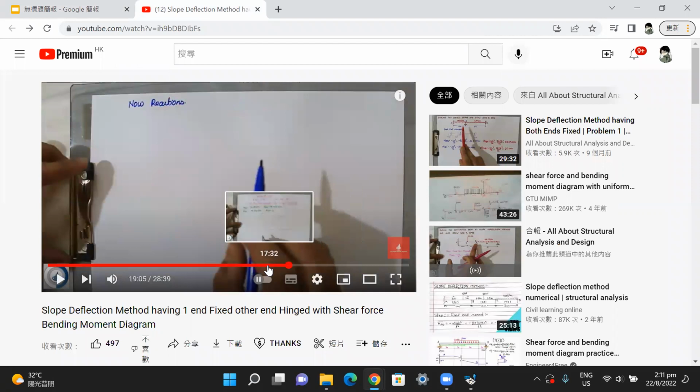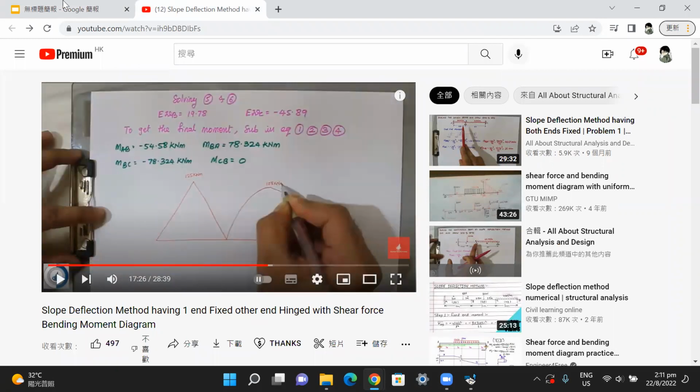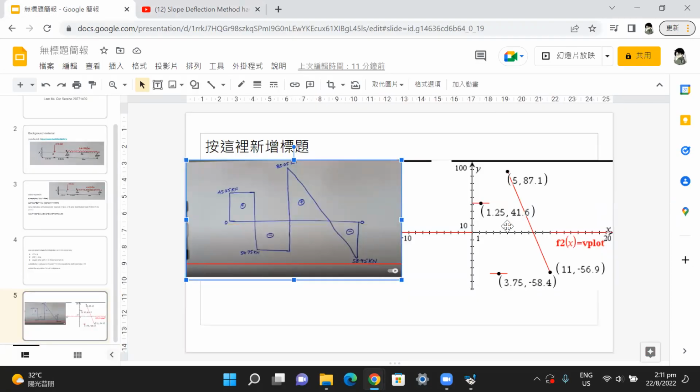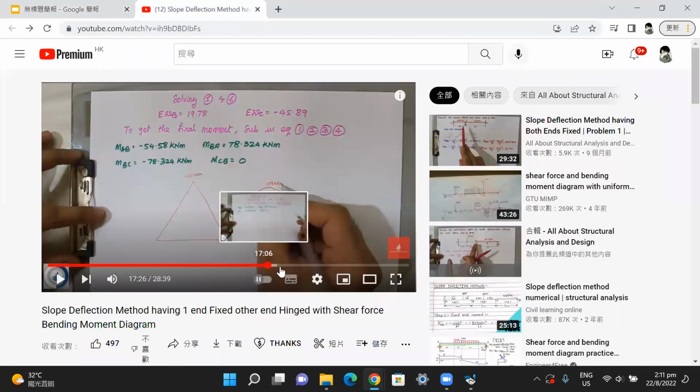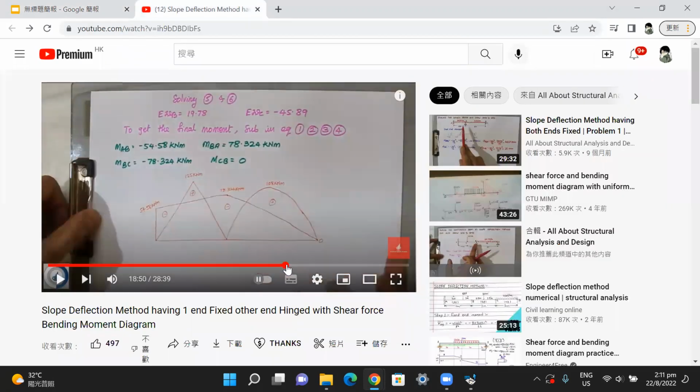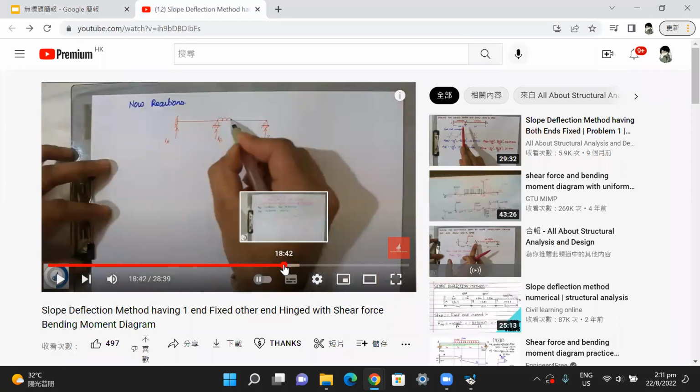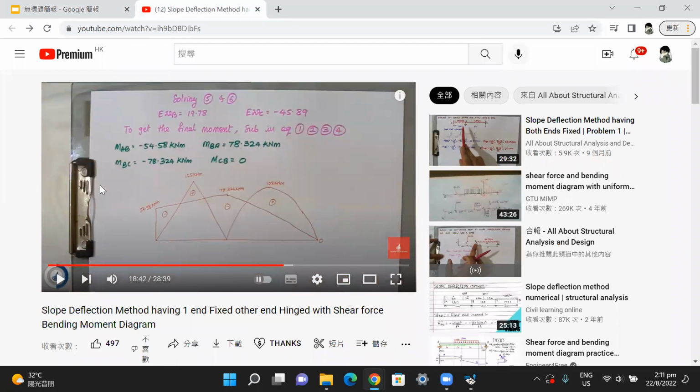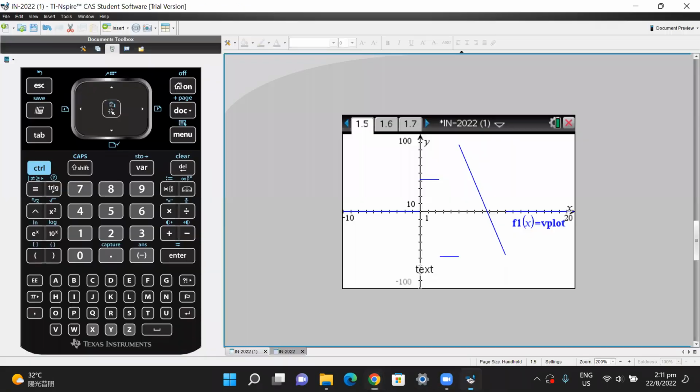That's not accurate enough, so you could see there's some error, but we still have the same shape here. And for the M diagram, we also have the same shape here.